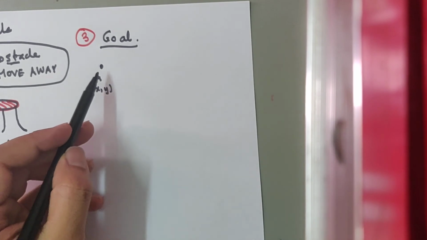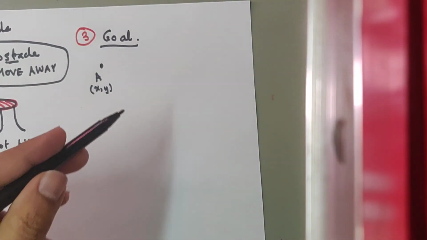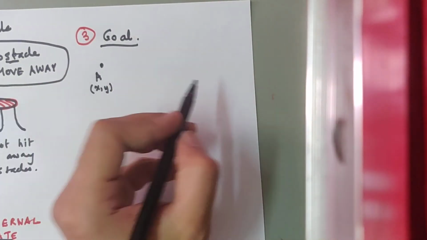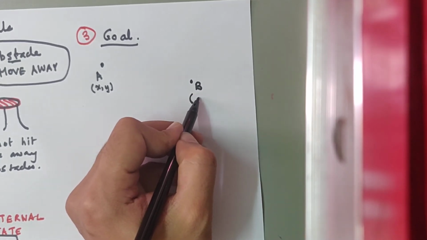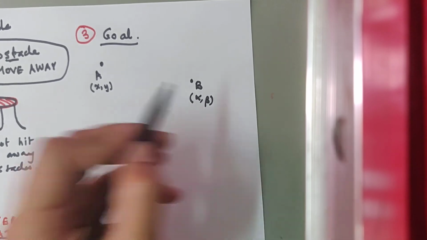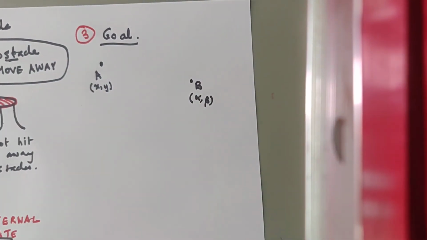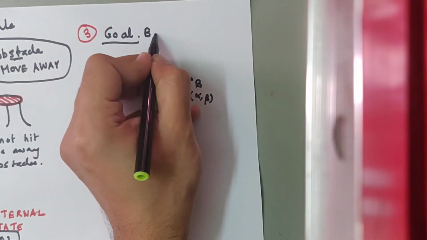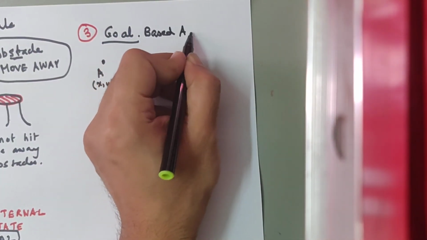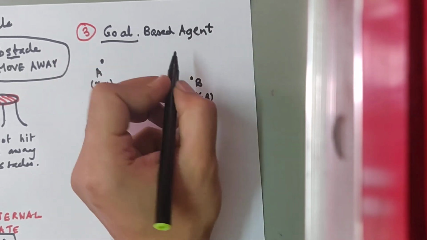Now, since the robot has an internal state, I can give it a goal also, that you are at point A and your goal is to reach point B while not hitting any obstacle. This is a goal-based agent.